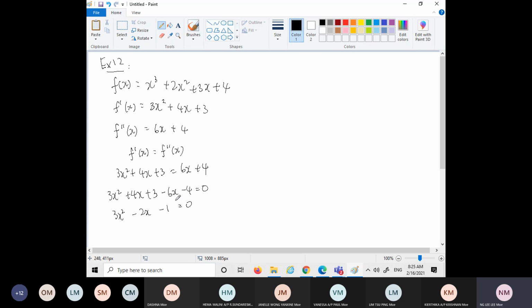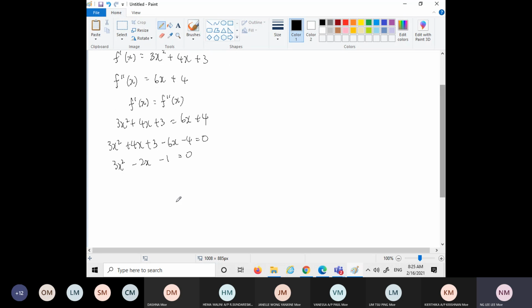After that you can factorize. Here 3x, here x. Here you have negative 2. So negative 1 here and positive 1 here. Negative times positive, you get negative. 1 times 1 is 1. Here you get positive 1, here you get negative 3. So it's negative 2x, so it's correct.